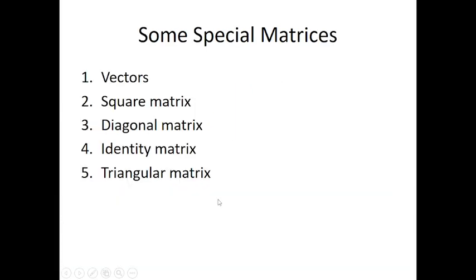And then there are some special matrices to consider. First are vectors. Second are square matrices. Third, diagonal matrices. Fourth, identity matrices.